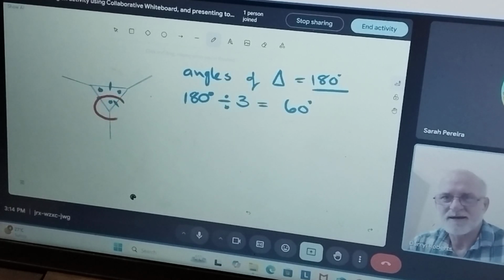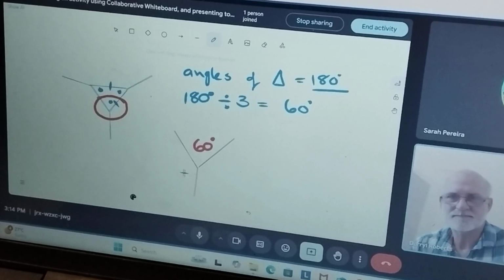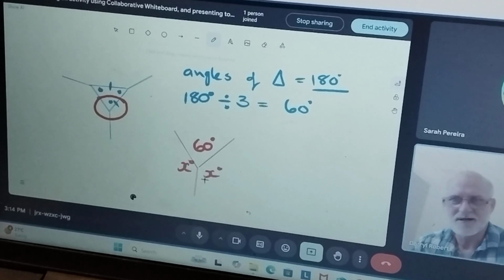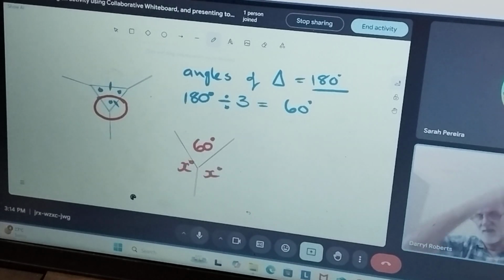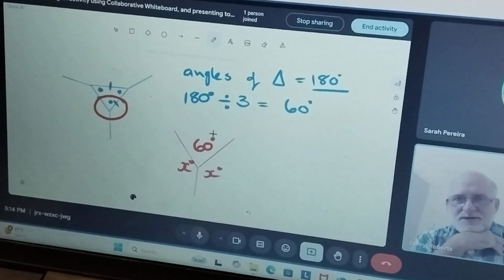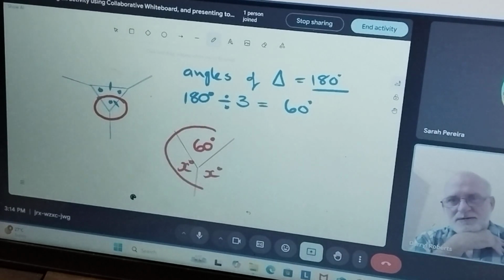If I take that now and enlarge it a little bit, then now I can do lines. I know that I have the following. I have one angle here that is 60 degrees. You with me? Yes. I have 2 angles here that will obviously, because they said these are regular shapes, be the same size. I'll just call them X for now. What do the angles around a point add up to?